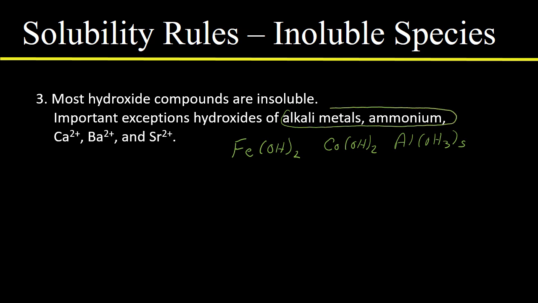So group 1 hydroxides and ammonium hydroxides are soluble. And then there are these 3 other exceptions. And these are pretty common, again, especially calcium and barium. So calcium hydroxide is soluble.